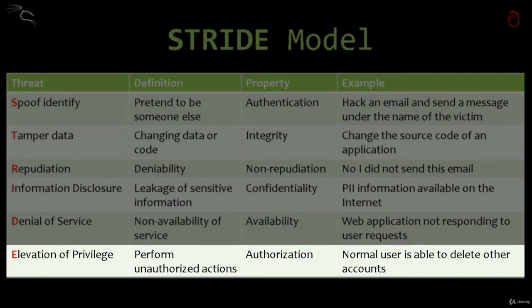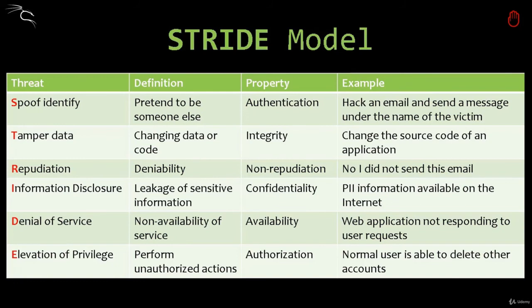Many mitigation approaches exist, such as using passwords, multi-factor authentication, and digital signatures to protect against spoofing attacks. We can use permissions, access control lists, and again, digital signatures to protect against data tampering. We can use secure logging, auditing, and digital signatures, of course, to protect against repudiation.